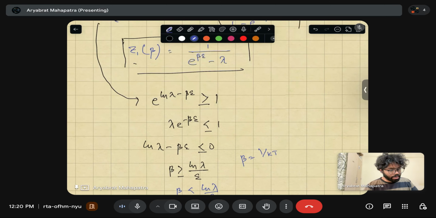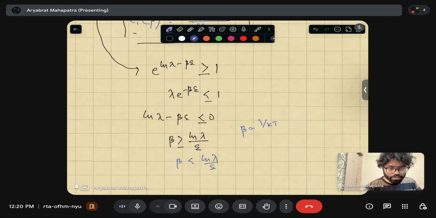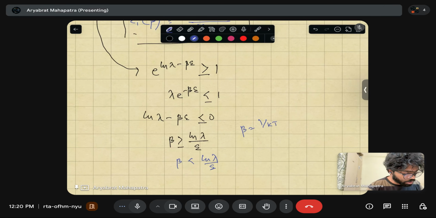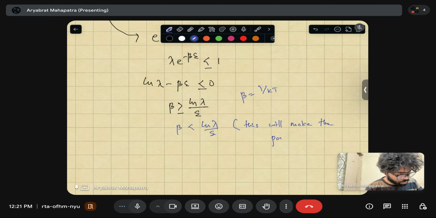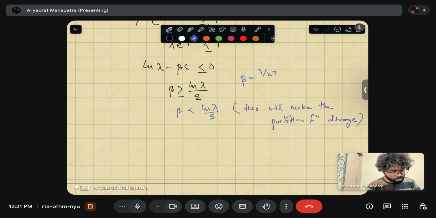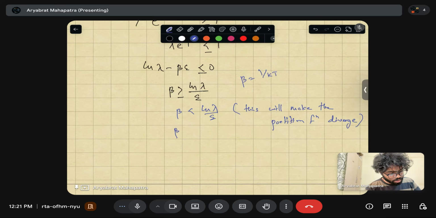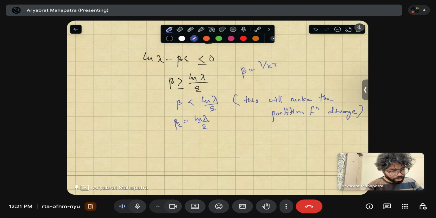The canonical partition function will diverge. So beta equal to ln lambda over epsilon, you can call a critical beta.